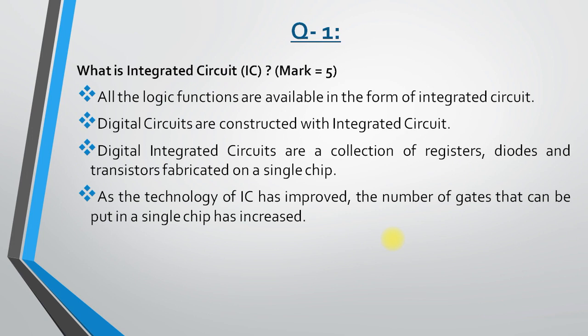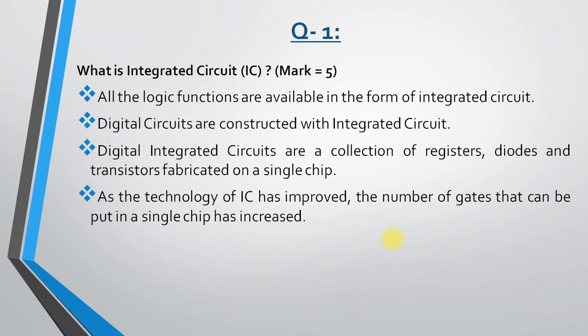As technology increases day by day, initially you were able to integrate a smaller number of gates inside a single chip, but as the requirement enhanced, the technology has also improved and now you are able to integrate a large number of gates inside a single chip.